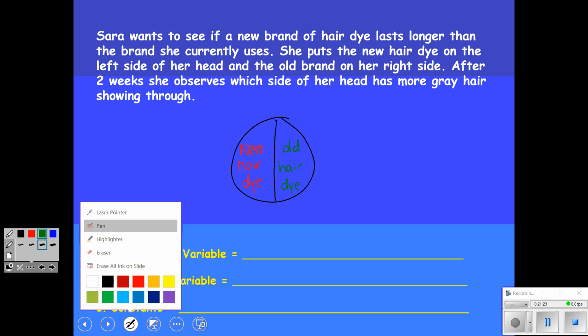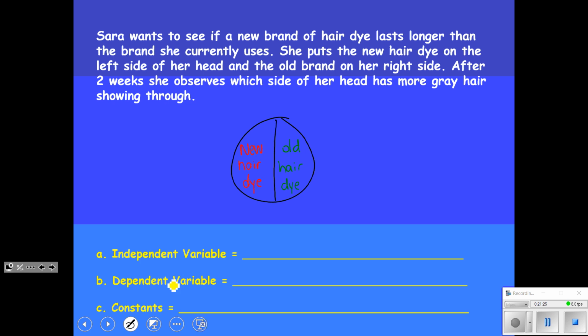So now we're looking for what our parts of our experiment are. When you're looking for the independent variable, you want to specifically go back and say, what's she testing? Well, it says it clearly right here. She wants to see if a new brand of hair dye lasts longer.